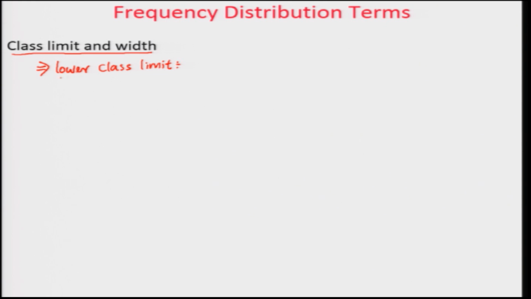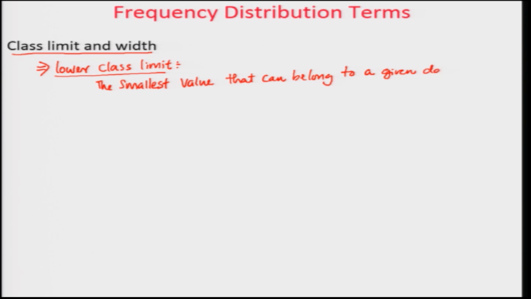The lower class limit is defined as the smallest value that can belong to a given data range, which is also known as an interval or group.